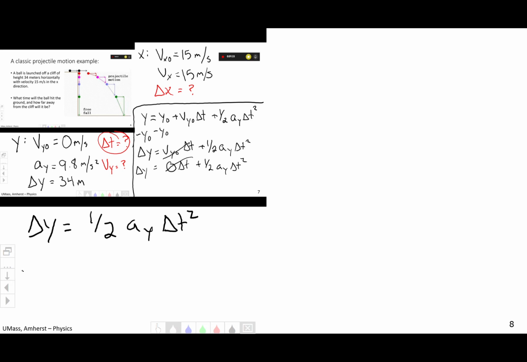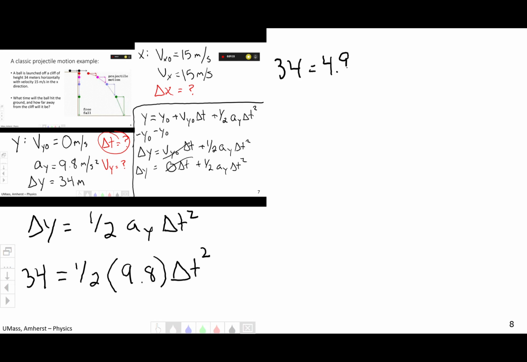We know that delta y is 34, ay is 9.8, and delta t squared is left as delta t squared. That's what we want. We want delta t. So if we do 1/2 of 9.8, that gives us 34 equals 4.9 delta t squared.